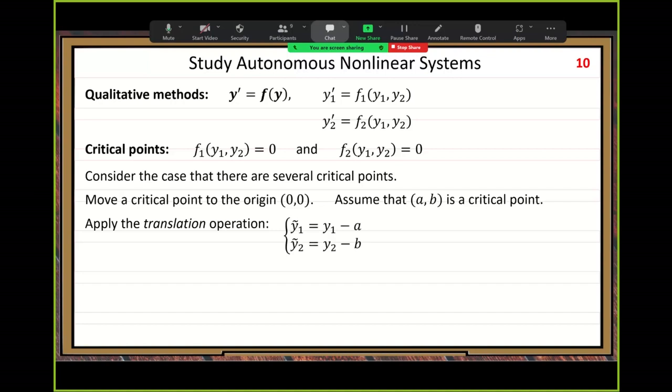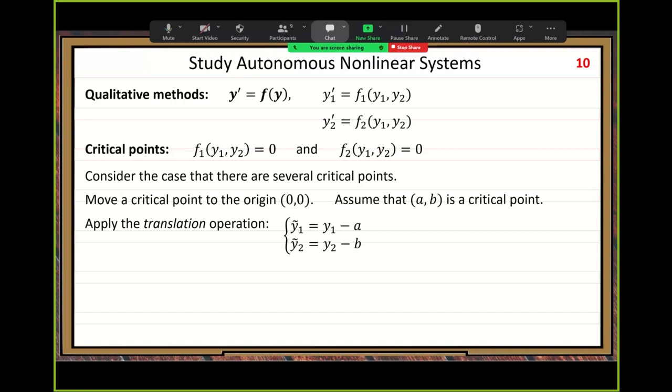We need to move to a different coordinate system. y1, y2 is our current coordinate system. Now we want to create a new coordinate system, y1 tilde, y2 tilde, in which this critical point corresponds to the origin. If you plug in y1 equals A, y2 equals B, you get 0, 0.